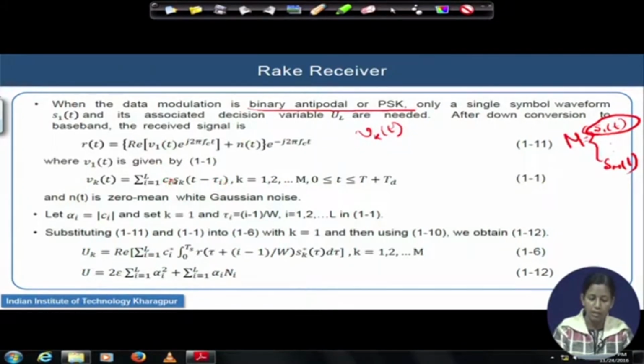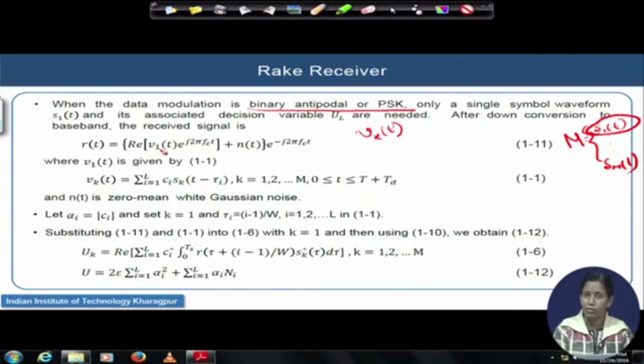This is the complex channel coefficient associated with the ith multipath, and like that you have capital L values of Ci and tau i. In our situation, sk has only a single signal, so we have s1 only, and correspondingly v(t) will be v1 only.